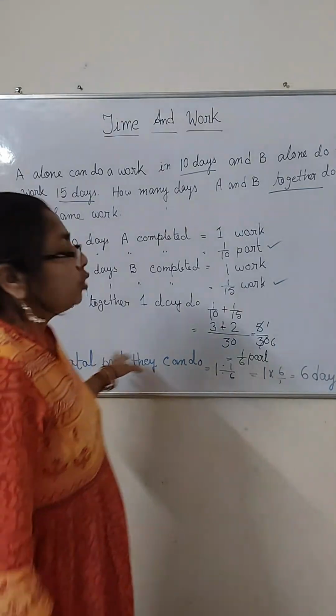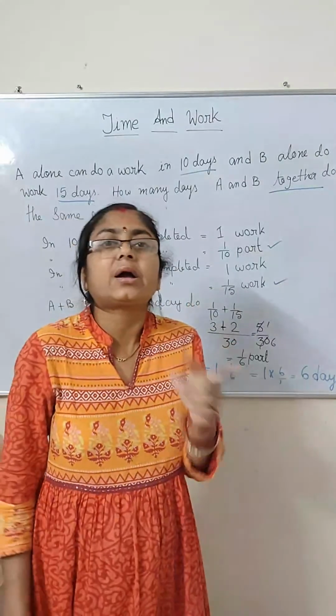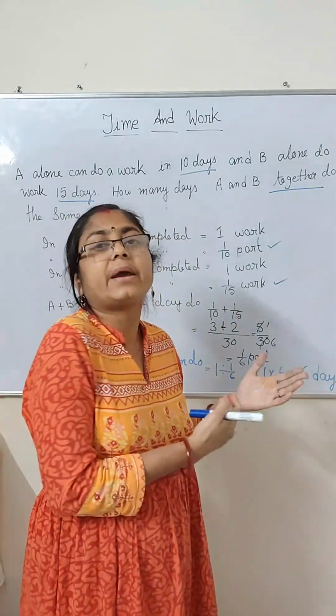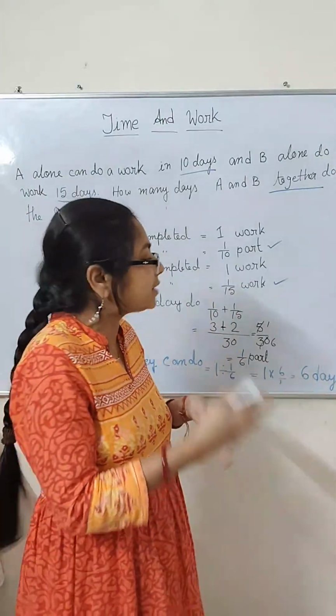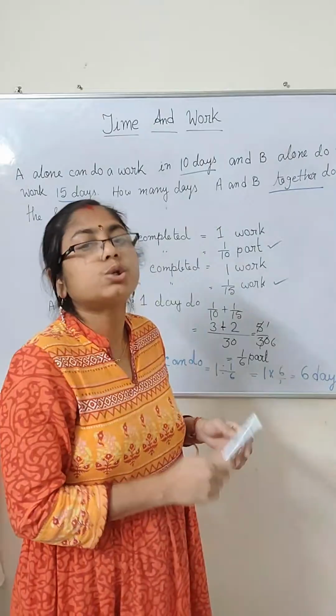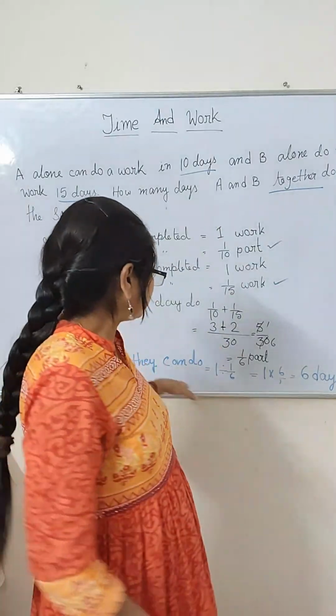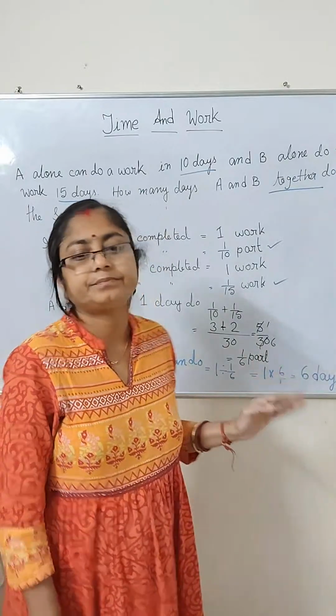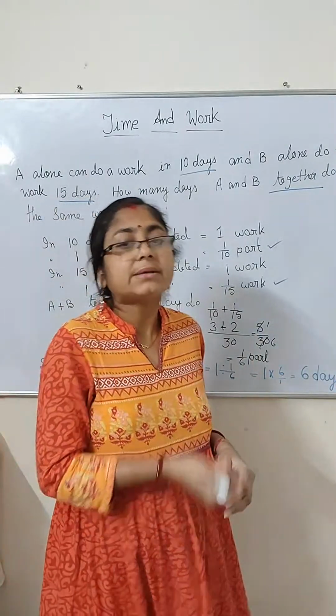Check it. Full total एक दिन में कितना किया 1 by 6 पर. So 1 days में full काम रिवर्स में लिखेंगे तो क्या लिखेंगे, 1 by 6 part किया 1 day. So total work is 1. So total work divided by 1 by 6. Clear? If there is any doubt, please write in the chat box.